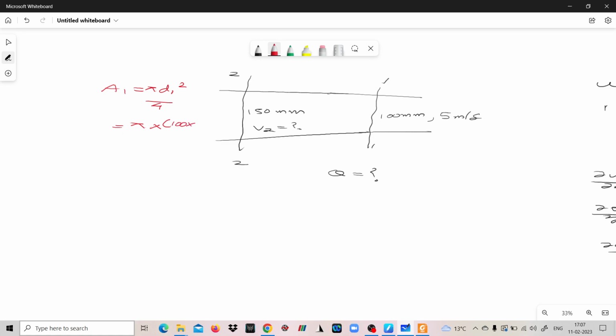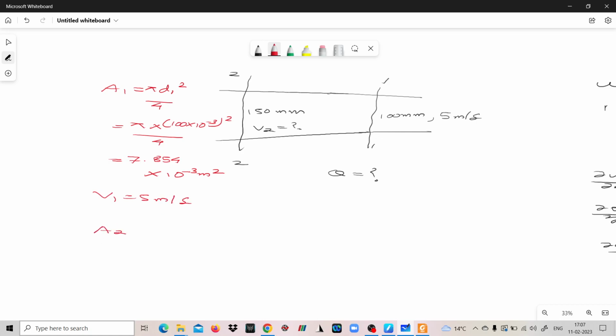Converted to meter, it will be pi into 100 into 10 to the power minus 3 whole square divided by 4. This is approximately 7.854 into 10 to the power minus 3 meter square. And V1 is 5 meters per second.